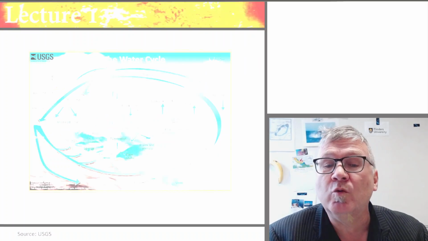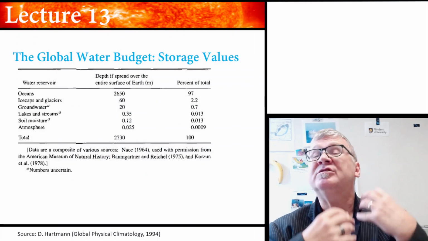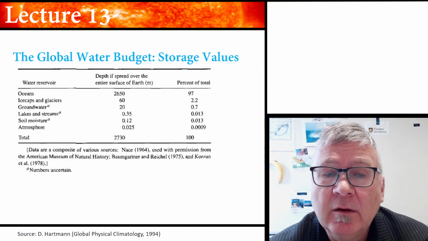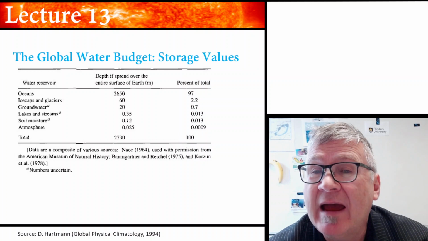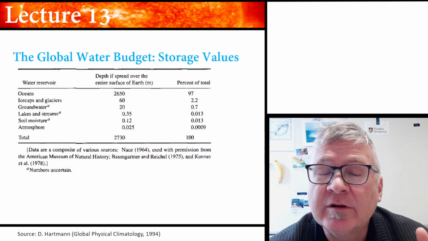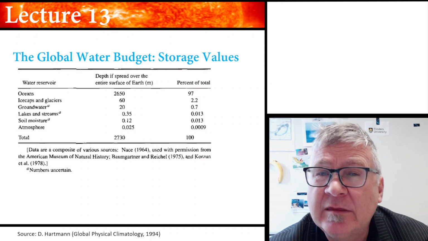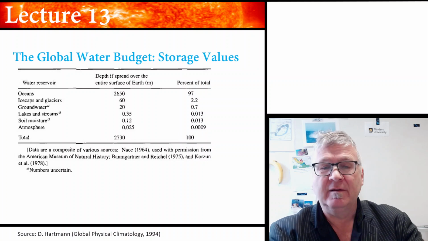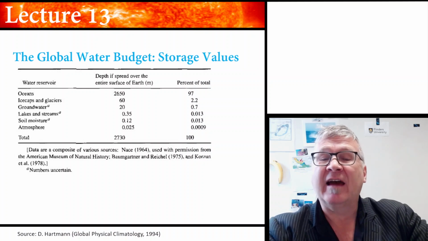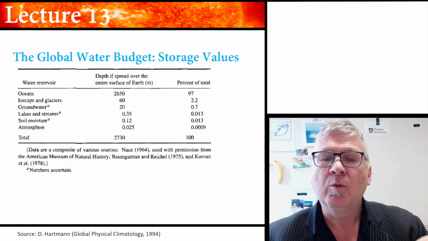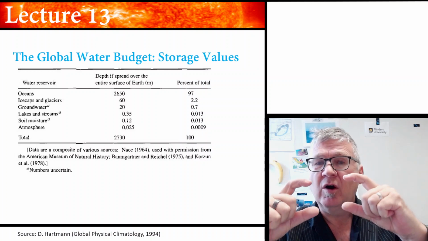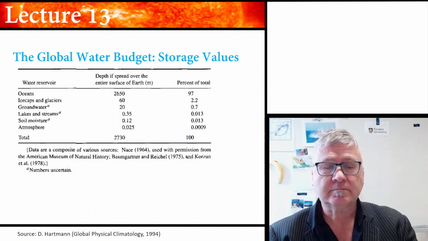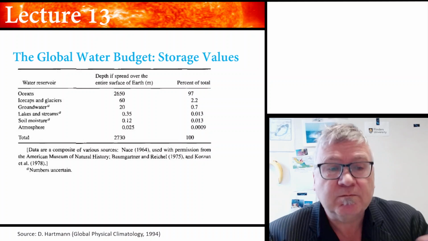So the first thing we do is look at the storage values, the water reservoirs, and compare how much water is in them. The way we can compare them is to assume we spread the water reservoir over the entire surface of Earth and ask what the thickness of this layer, called depth here, would be.